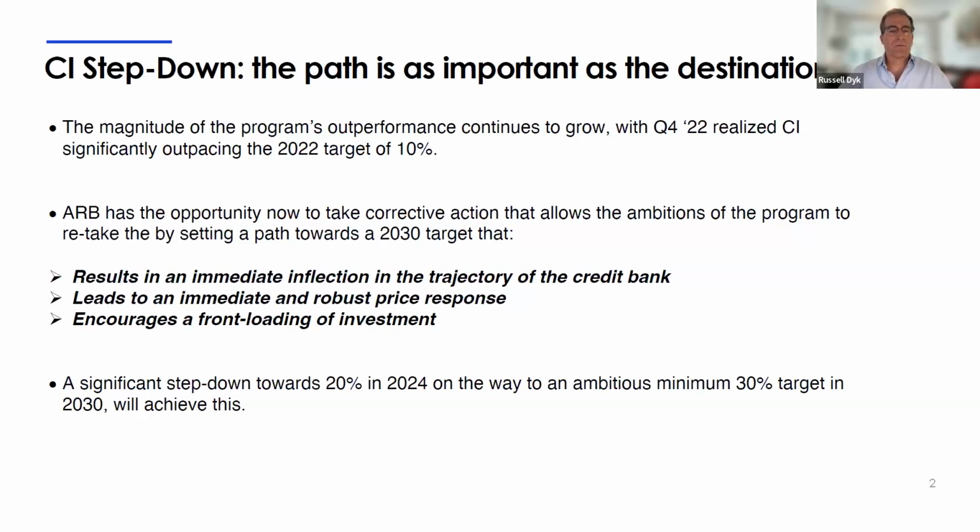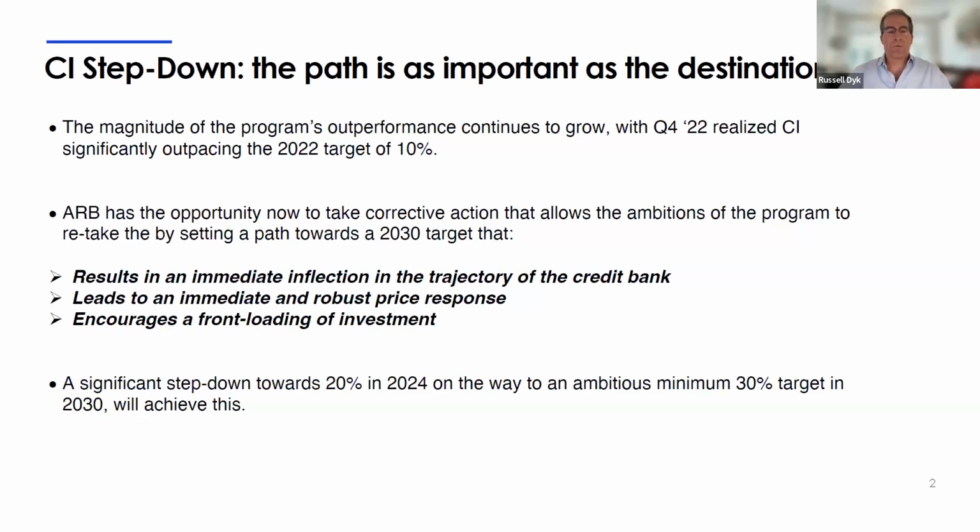The third thing is that a CI step down will encourage a front loading of that investment. And finally, all of those things together will lead to both a swifter pace and a greater amount of decarbonization by the end of this decade relative to 2030.